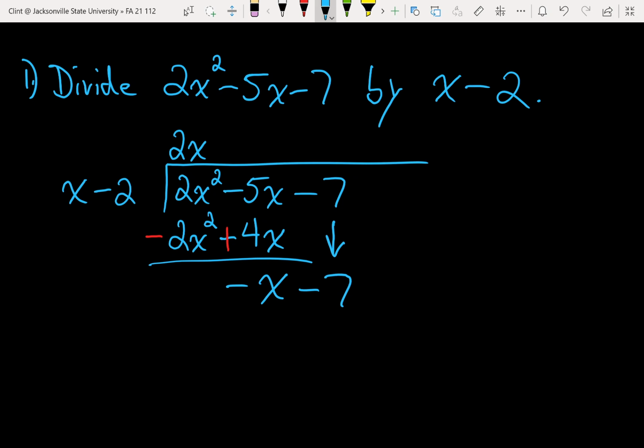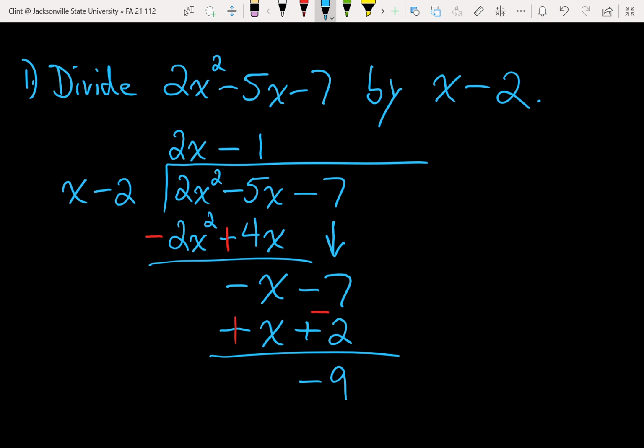Negative 1. So then we distribute negative 1 times x, negative x. Negative 1 times negative 2 is positive 2. Change the signs. So here the x's cancel, and then we have negative 7 minus 2, so we end up with negative 9.